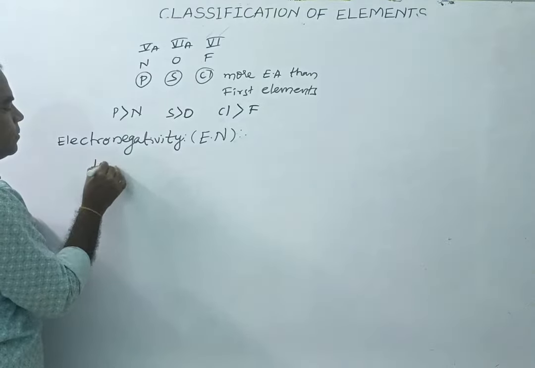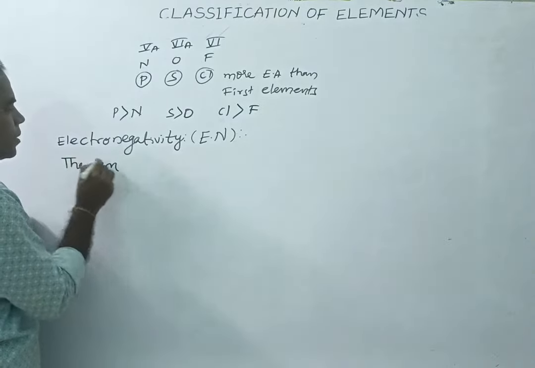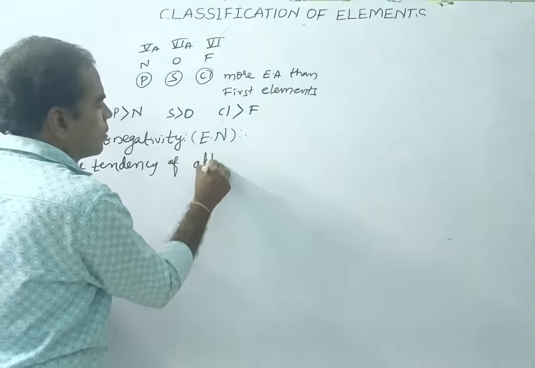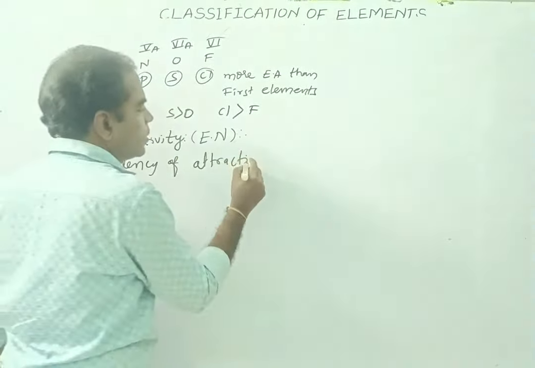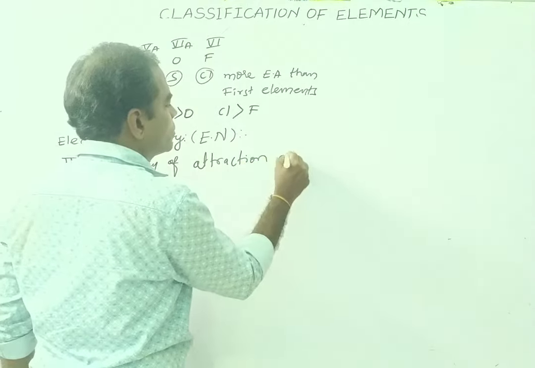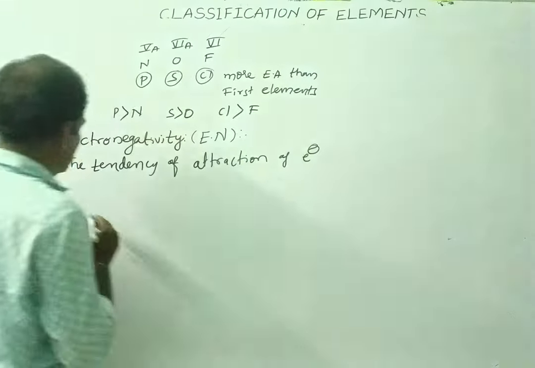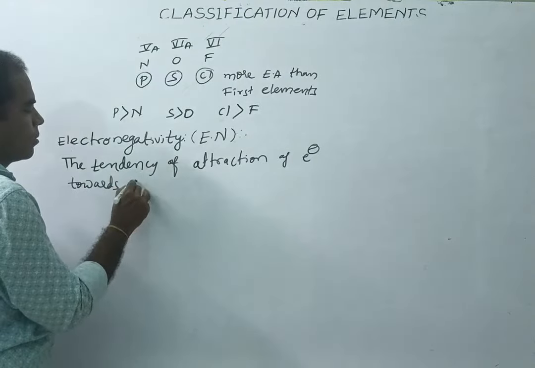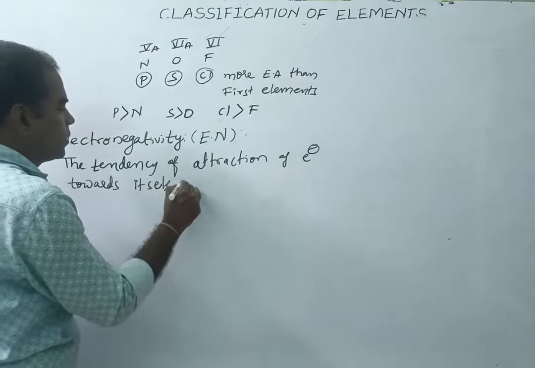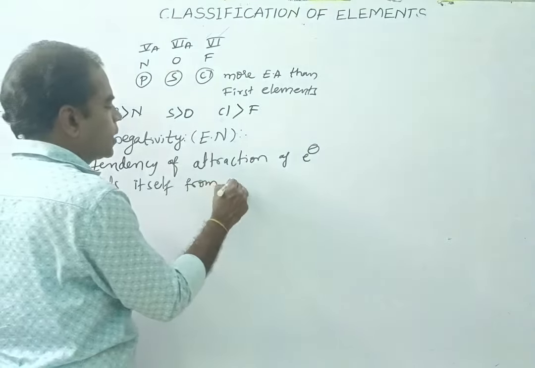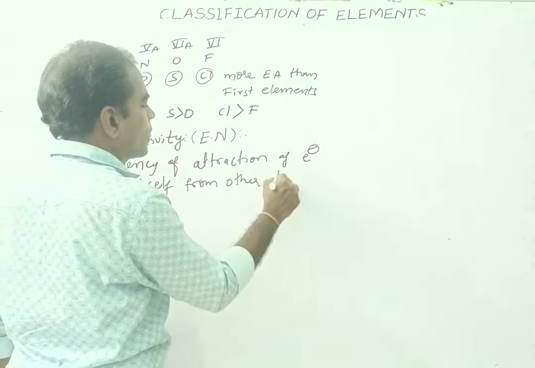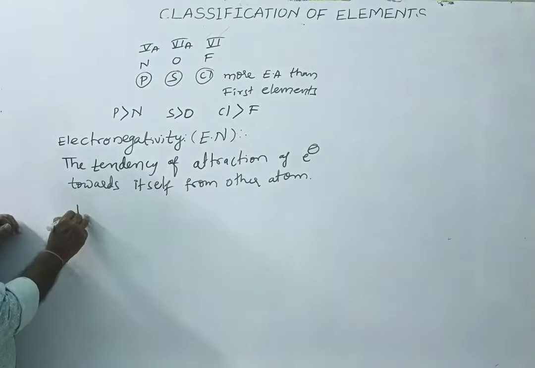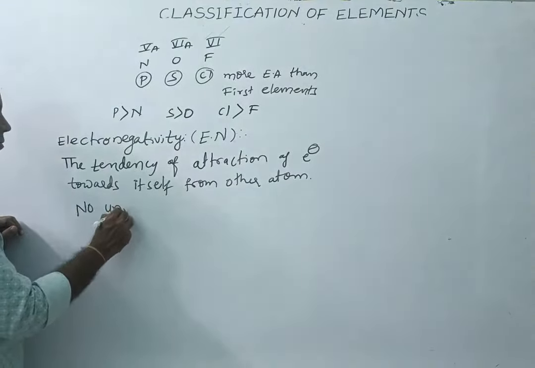Simply, the tendency of attraction of electrons towards itself from another atom is known as electronegativity. Here En has no units.